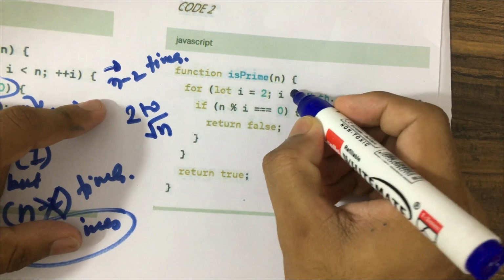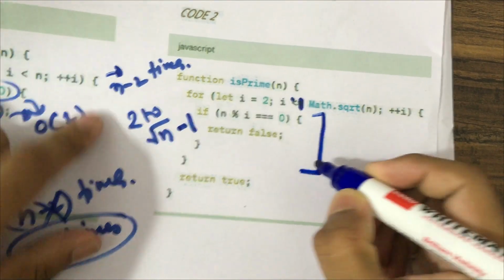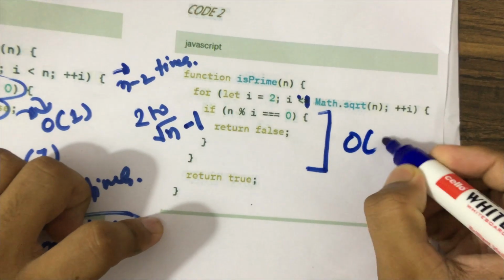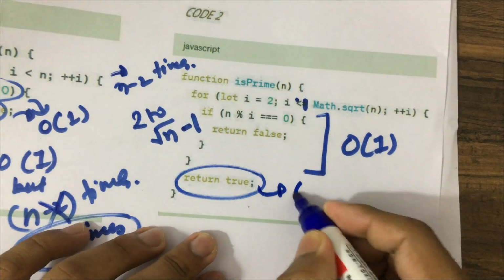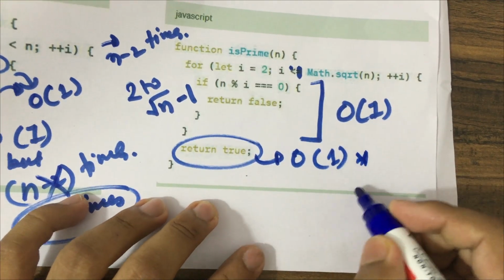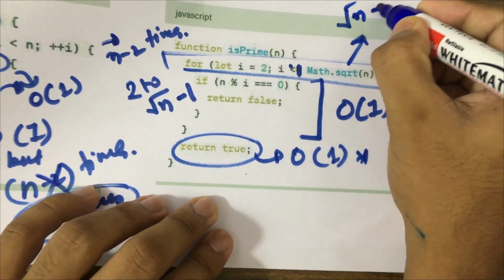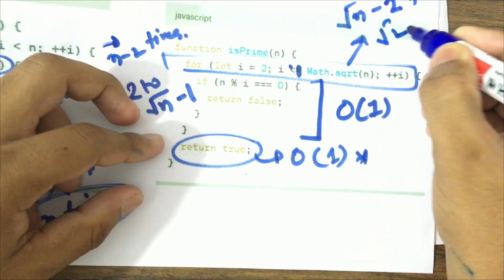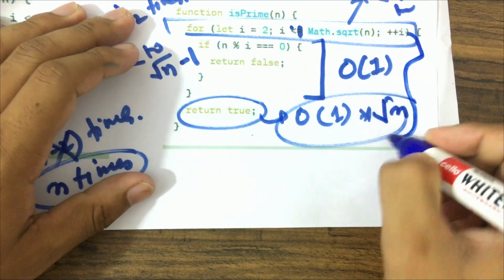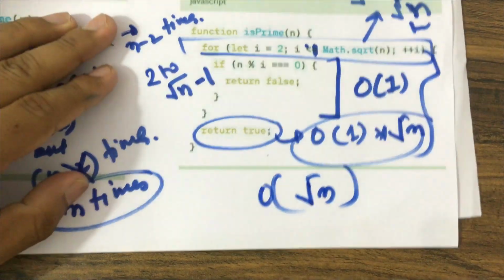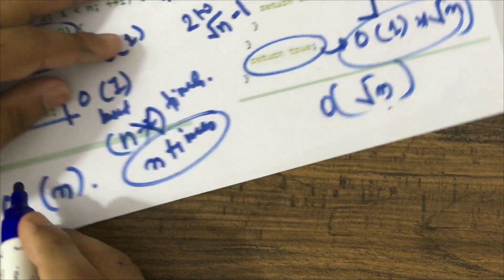The if statement is O(1). It will be multiplied by how many times the for loop executes: root n minus 2 times, or simply root n times. So the overall complexity of this function is O(root n).